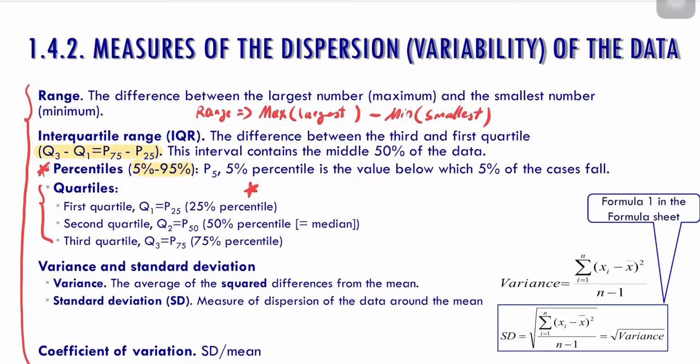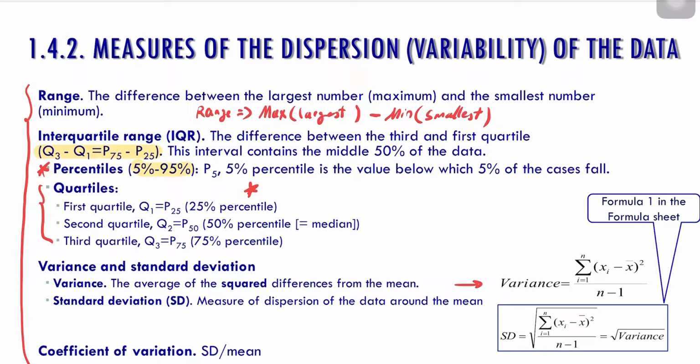And for the variance and the standard deviation: variance is the average of the squared differences from the mean. It is very important. For the variance, we find the difference between the mean and our data, raise it to the power 2, and divide by n-1. That is the variance, and the standard deviation is usually the square root of the variance. It measures the dispersion of the data around the mean.